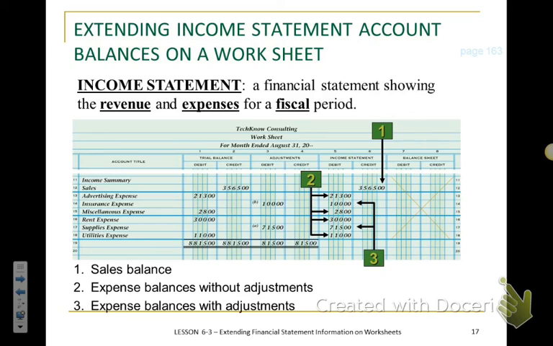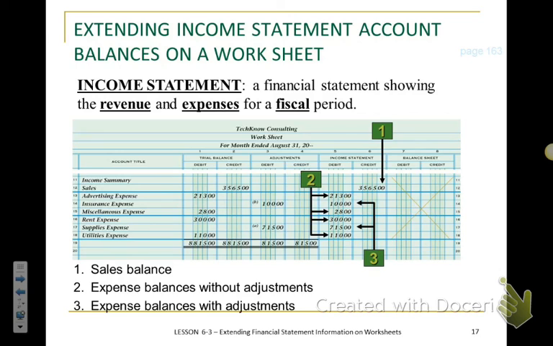If my balance was 200 in my trial balance in my supplies expense, and I had an adjustment of 715, what would be my balance in my income statement? 915.